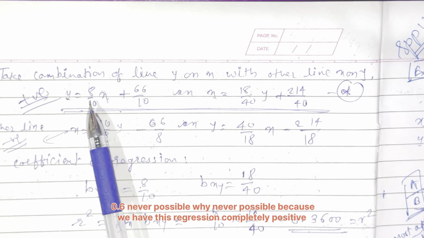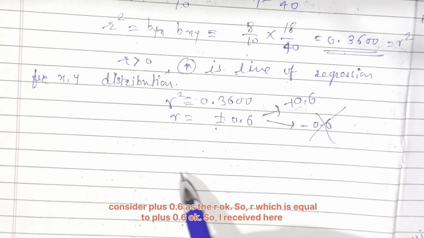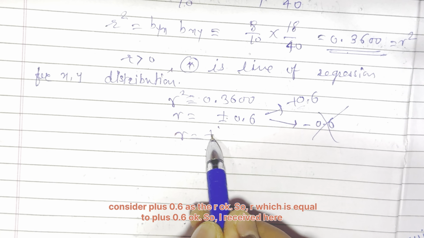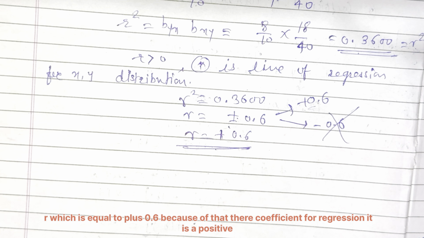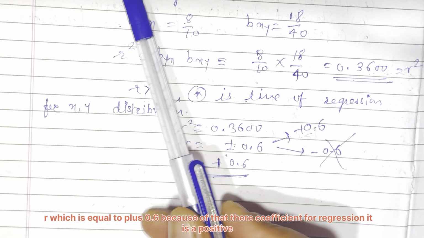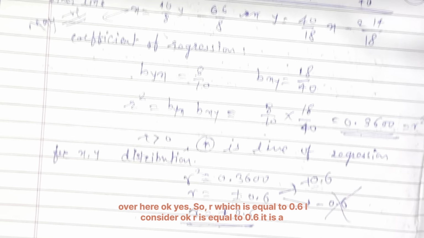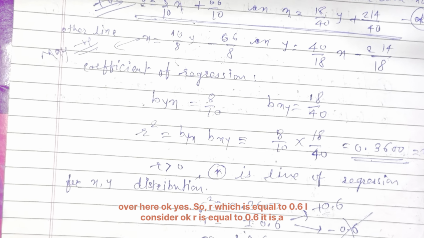That's why I consider plus 0.6 as r. So r is equal to plus 0.6, because the coefficient of regression is positive here.